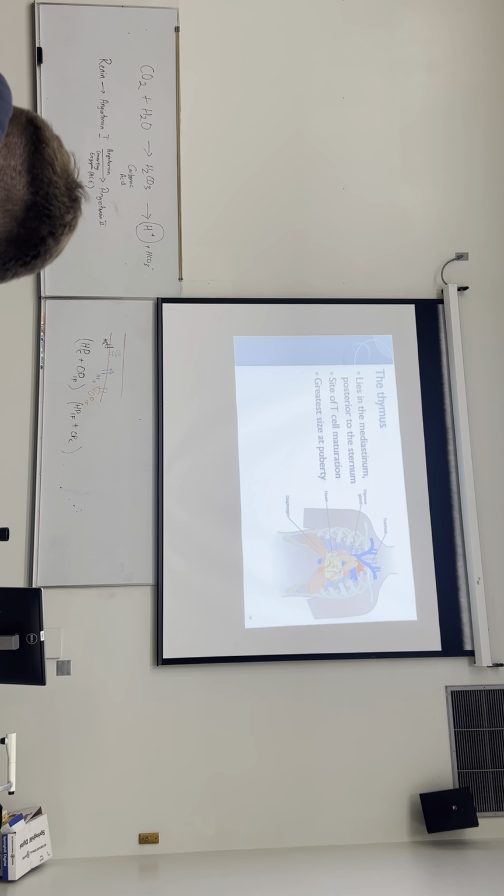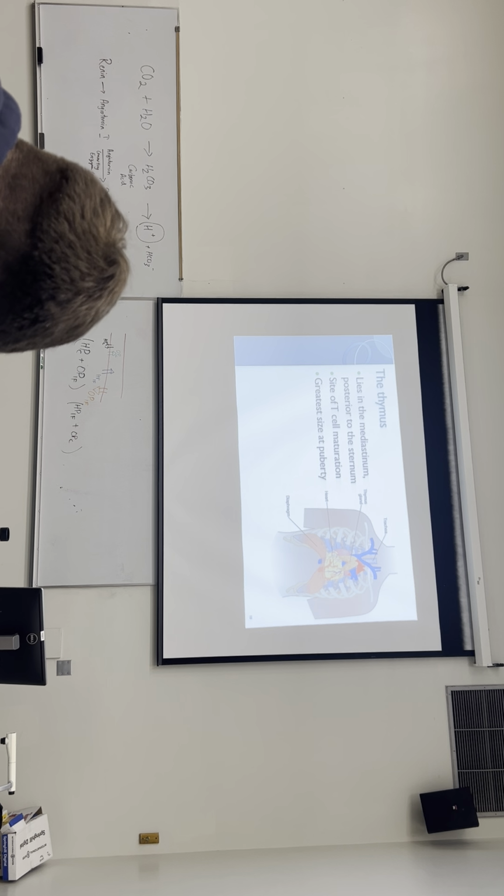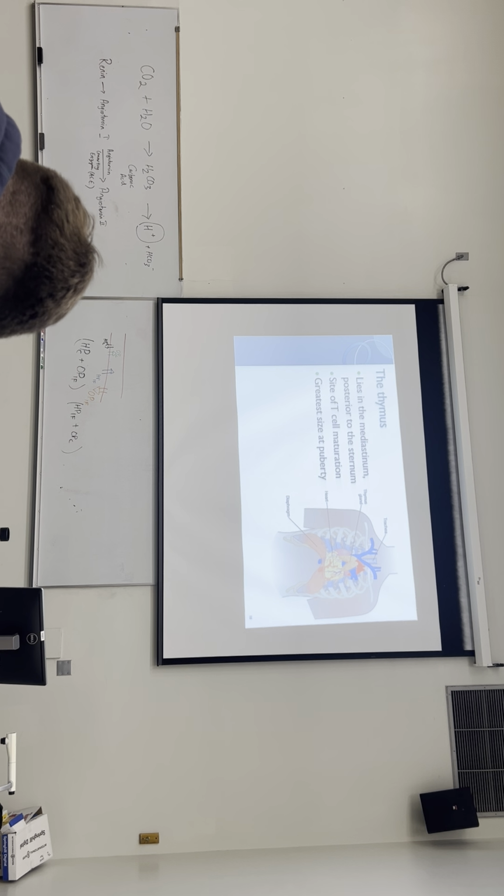As we were small, it did increase. At puberty it is the highest, then it actually starts to shrink down. So if a scan or X-ray showed a large thymus gland in adults, usually there's something else going on. We shouldn't see a very large thymus; it should be smaller.